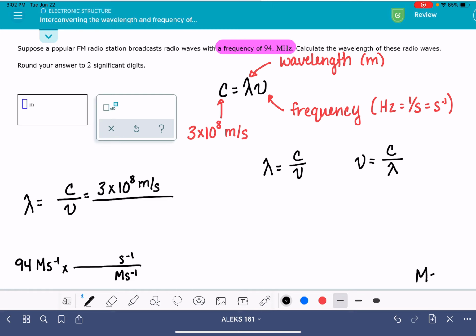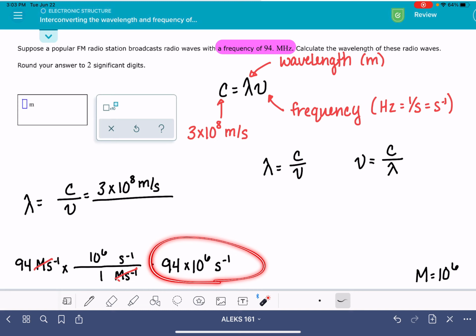Mega is the prefix for 10 to the 6, so 1 mega of anything is 10 to the 6th of that thing. Doing this conversion, my megahertz unit will cancel out, and I'll be left with 94 times 10 to the 6th hertz. I know that's kind of a funny way of writing the number, because normally we want a decimal point right here, but it does not matter because we're about to do a whole bunch of math on this anyways.